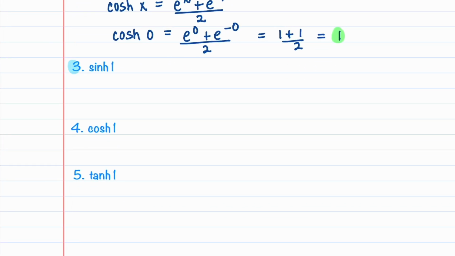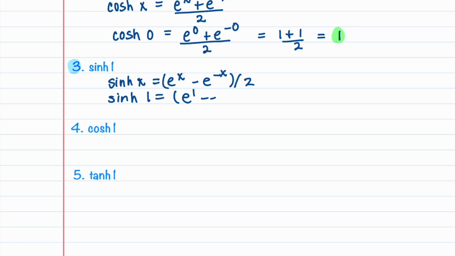In our third example, we are going to evaluate sinh 1. Sinh x is e to the x minus e to the minus x, over 2. I'm going to save space here and write it like that. Now we're going to substitute in that x is equal to 1. So we get e to the 1 minus e to the minus 1 over 2.